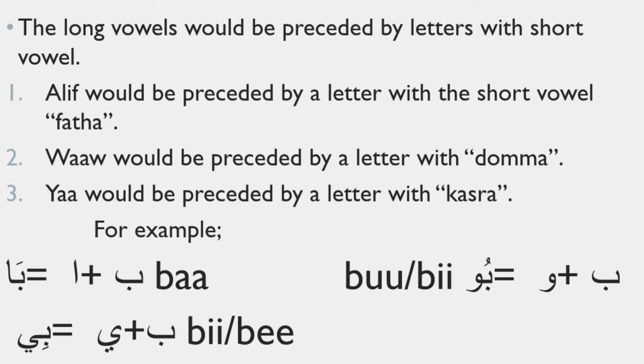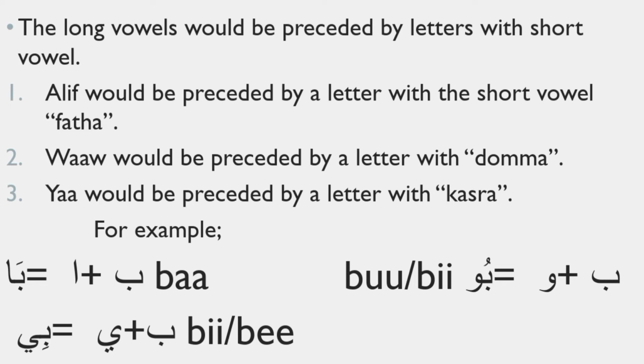So waw would be preceded by a letter with dhamma. That means a letter with dhamma would come before waw. So as in when we have ba dhamma, we say bu, right? So now when we have ba dhamma, then we have waw, long vowel waw. That is also called mad. So we say waw mad.